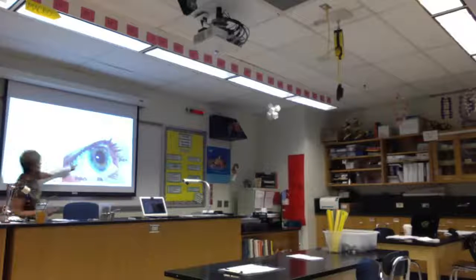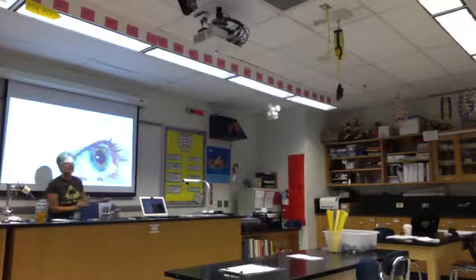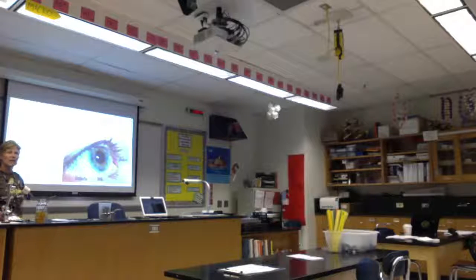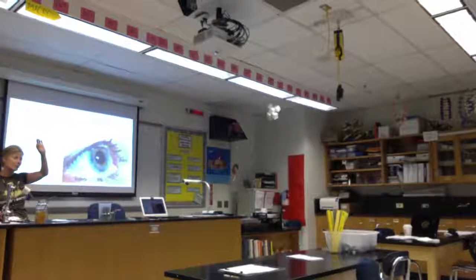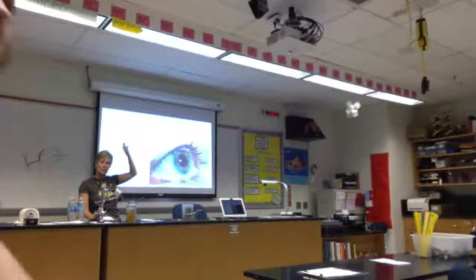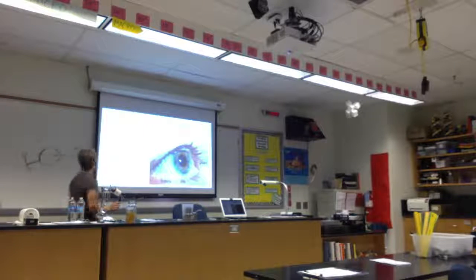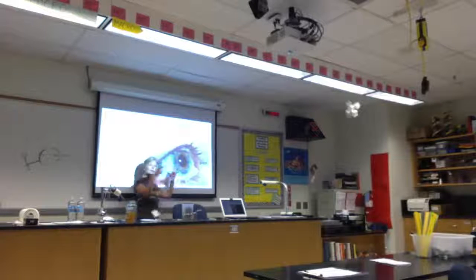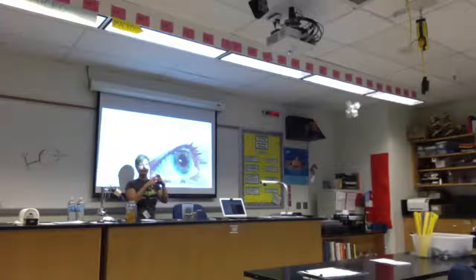So right here is the pupil, that lets light in, and it is a lens like a camera lens, which actually doesn't make much sense to them now because they don't really see the working parts of the camera. But this part right here can get larger and smaller depending on how much light is coming in.